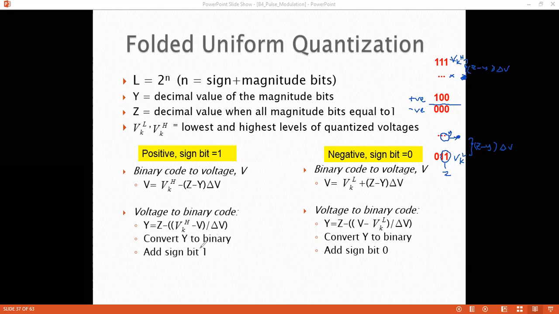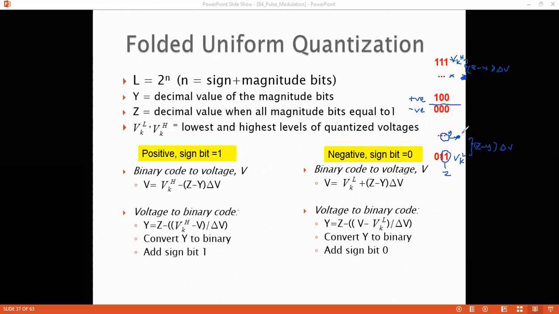Change it to binary, and whatever answer we have for the binary bit stream, we add 1 in front as our sign bit. If it's over here, we add bit 0, which shows the negative sign bit.